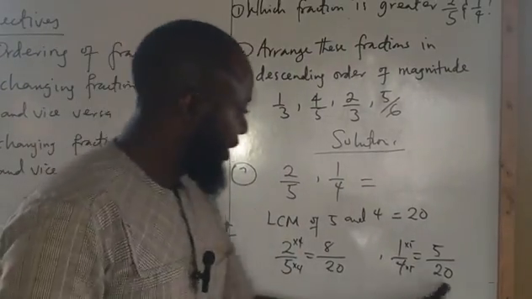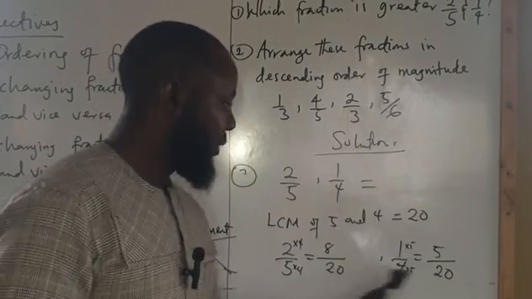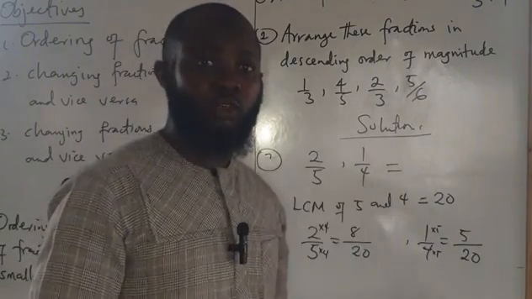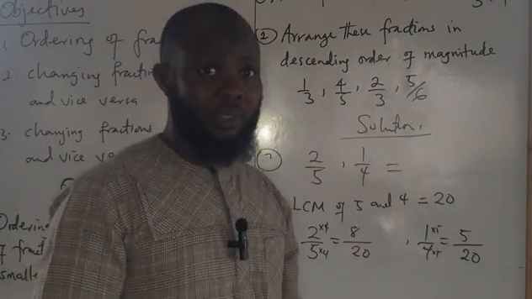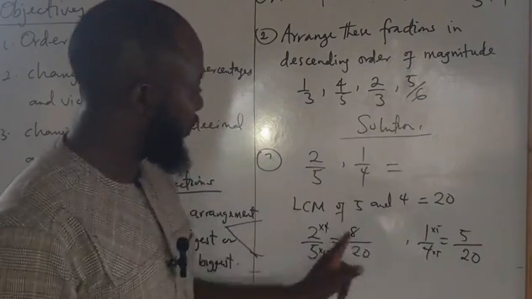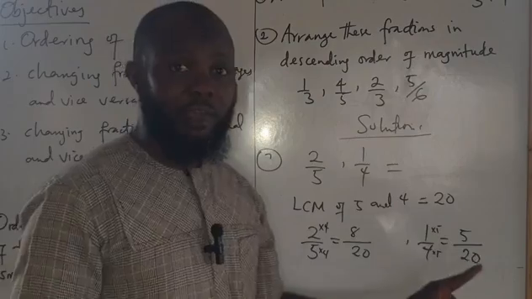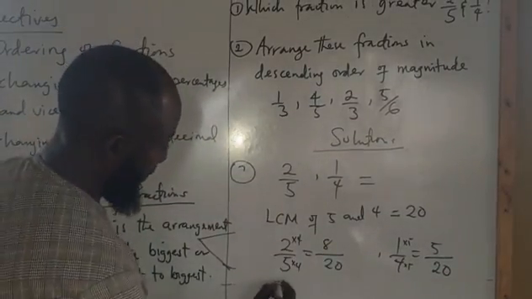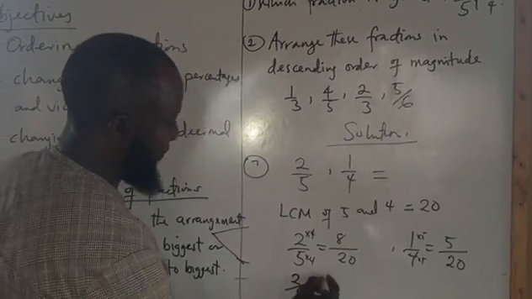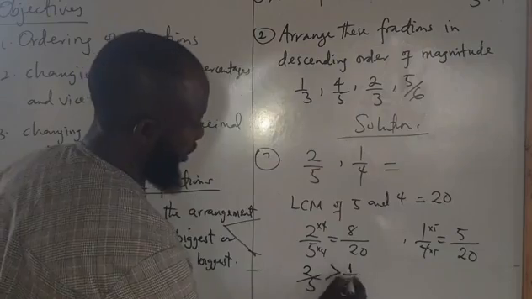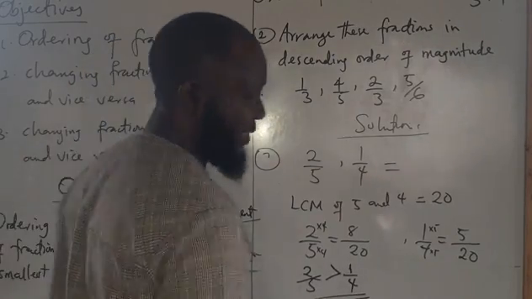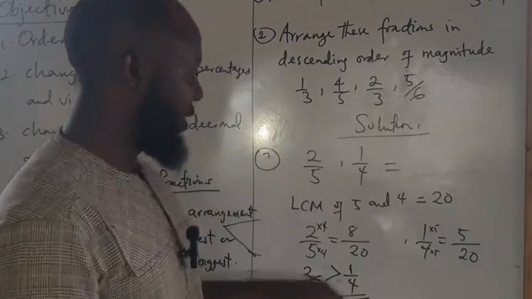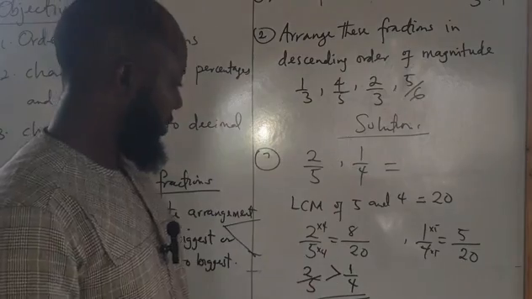Now, since the denominators are the same, we consider the numerators to pick which one is bigger. Between 8 and 5, 8 is bigger than 5. In that case, 2 over 5 is greater than 1 over 4. I believe this is very clear. That is how to find which one is greater and which one is smaller.